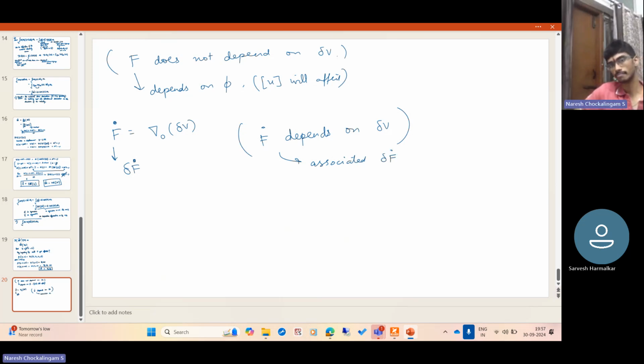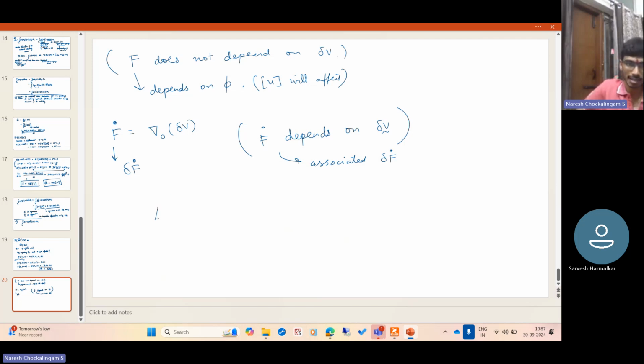By imposing a virtual velocity field, we will not affect the deformation gradient at that instant. We will affect the deformation gradient in the future, but not at that instant. But we will affect the deformation gradient rate at that instant. So the deformation gradient rate has a virtual component, which is the virtual deformation gradient rate.